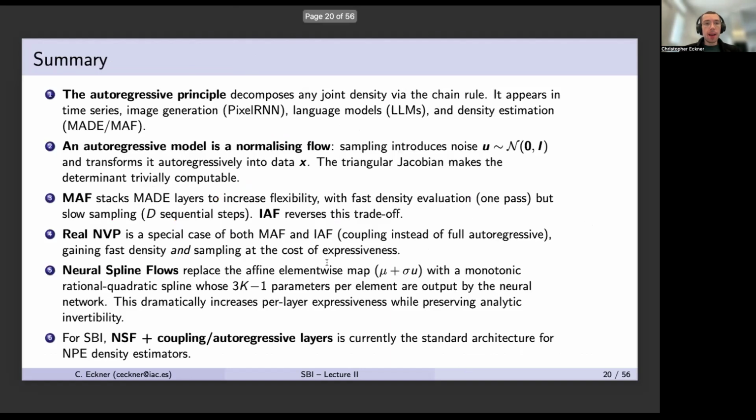Just as a summary, the autoregressive principle is based on a general property of all probability densities. It can be used for simulation-based inference and density estimation, but is also present in time series, image generation, or language models.